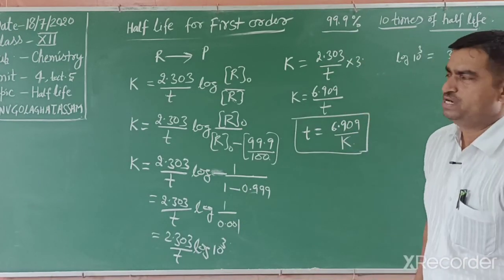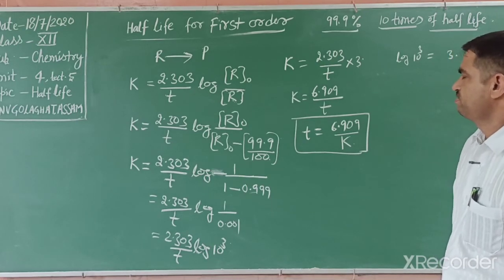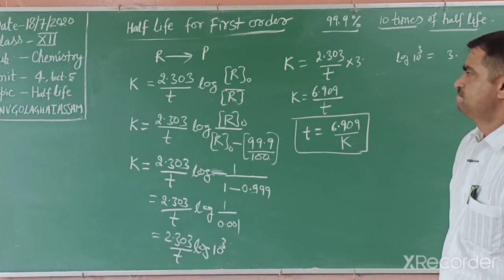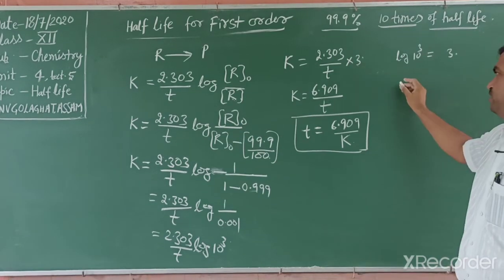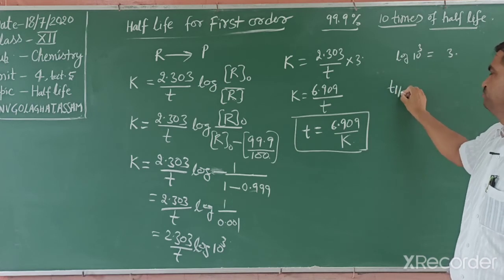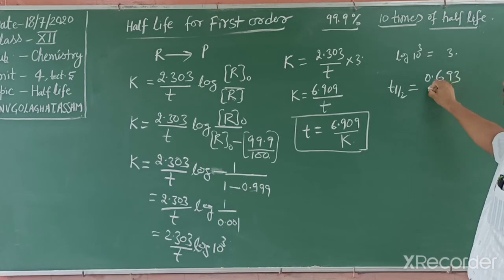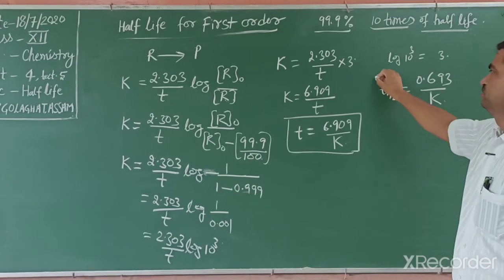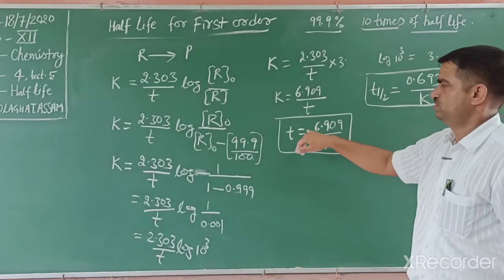And another formula is this. Half-life, we know already for first order, T half is equal to 0.693 by K. So we have first order half-life and the first order time taken.